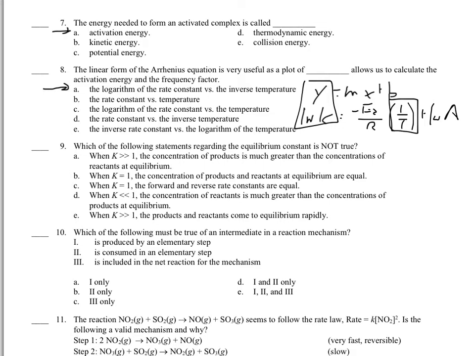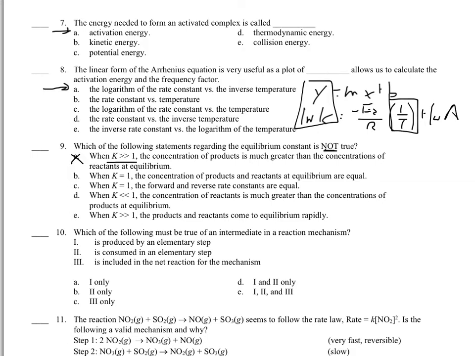Number 9. Which of the following statements regarding equilibrium constant is not true? So we need to make sure we're getting false statements. Okay? When K is much, much greater than 1, the concentration of products is much greater than the concentrations of reactants. That is something that's very true. In fact, that was question number 1 on this version of the exam.